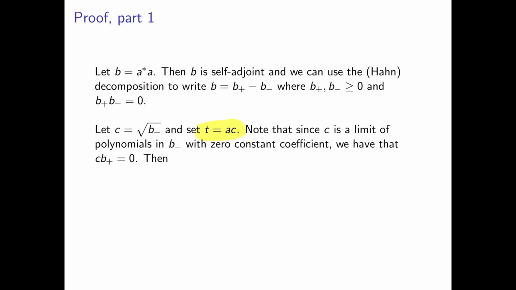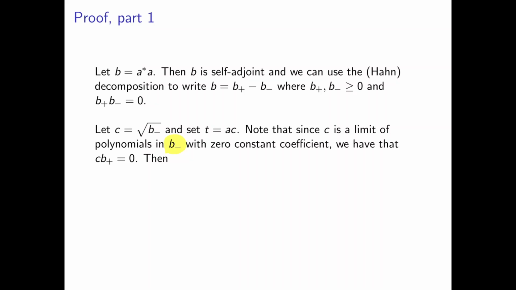Now we note a few things. First, since C is the limit of polynomials in B minus with 0 constant coefficient, we have that C times B plus is equal to 0. And now I just want to note quickly how we see this. So C is a limit of polynomials in B minus. This is because when you take the square root of B minus, you have to look in the C-star algebra generated by B minus and its complex conjugate, which is itself.